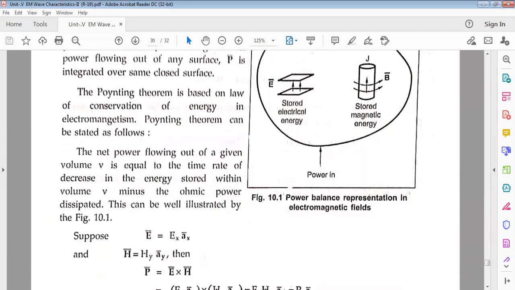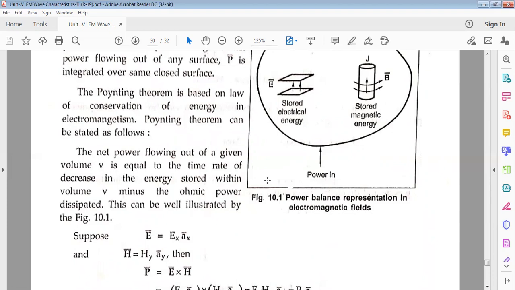Here, E bar is always in the X direction, and H bar is in the Y direction. So E bar is equal to its magnitude EX into AX bar, and H bar is equal to HY into AY bar. Now P bar is the power density or the Poynting vector, the cross product of the two fields E bar and H bar.